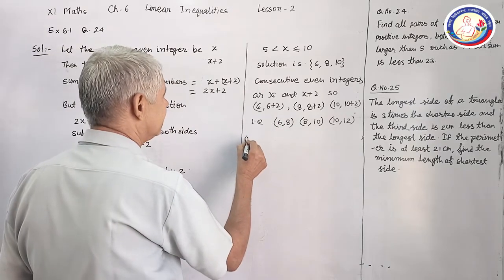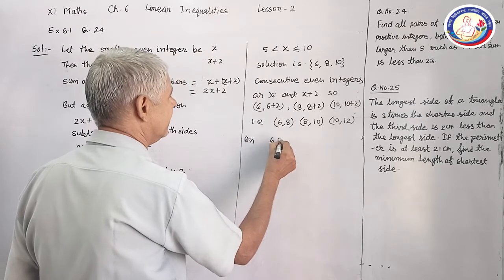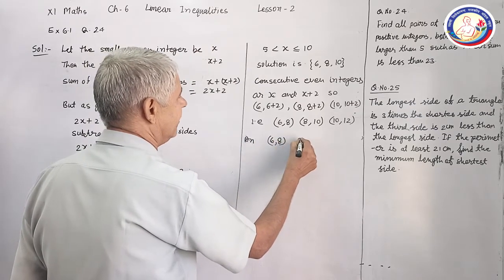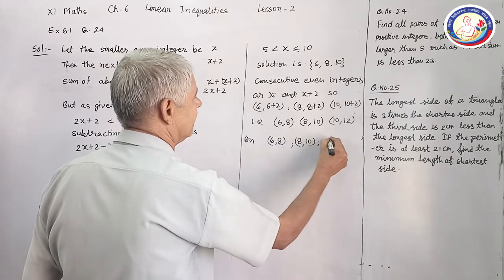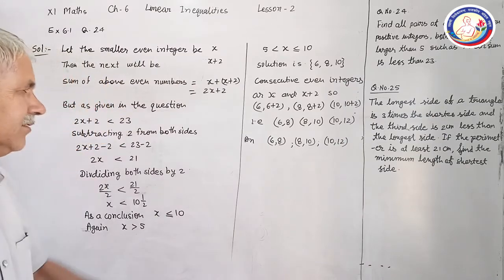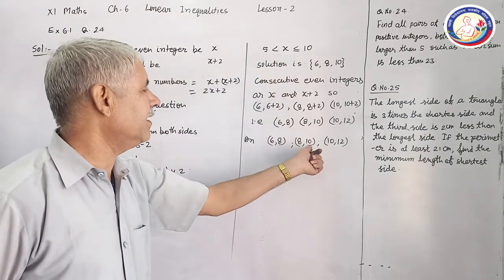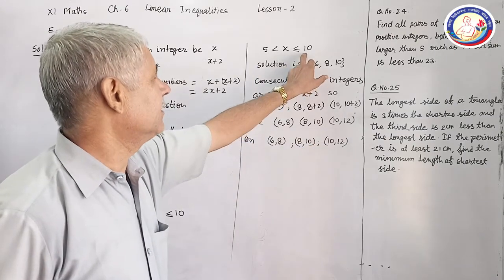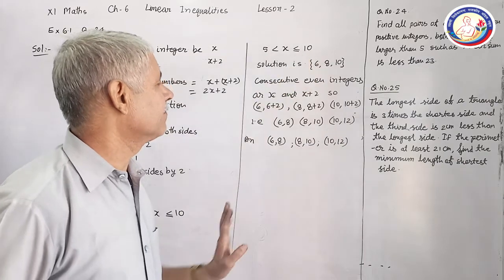So the answer is 6, 8; 8, 10; and 10, 12. There are three pairs, 6 and 8 satisfying the condition, 8 and 10 satisfying the condition, and 10 and 12 satisfying the condition.